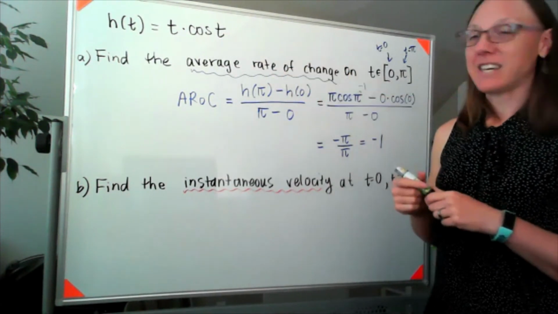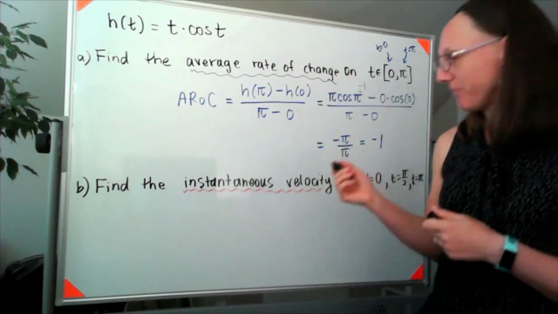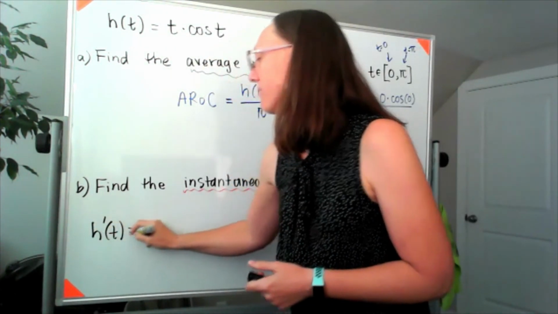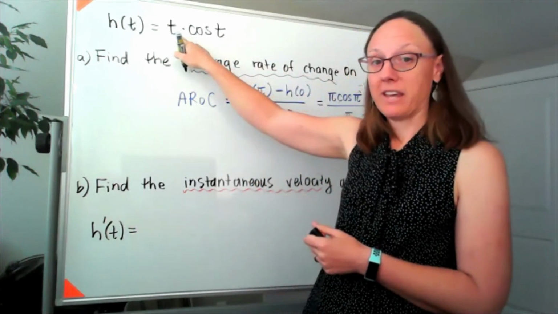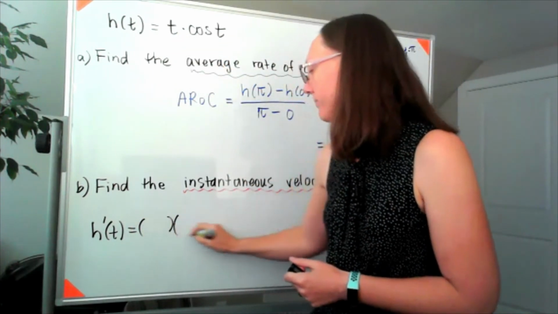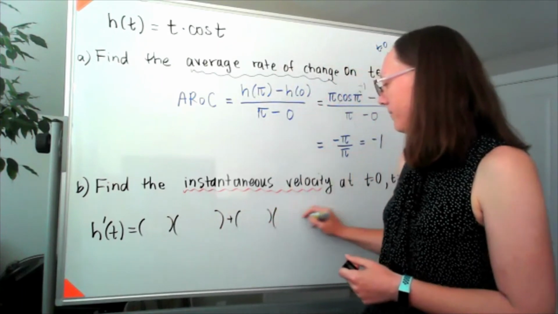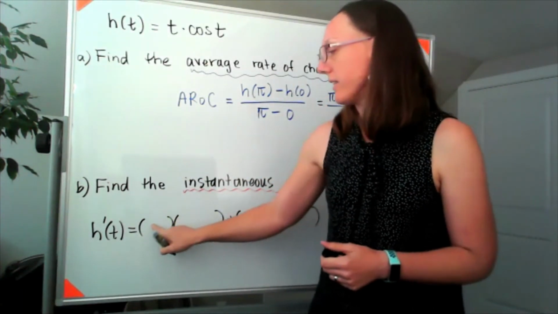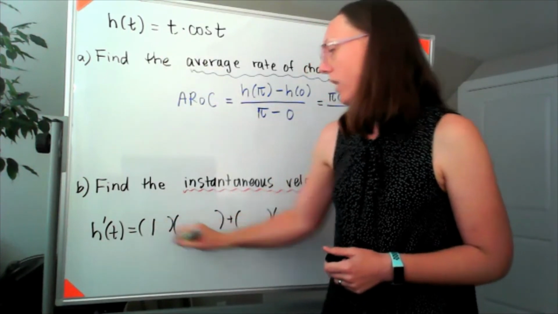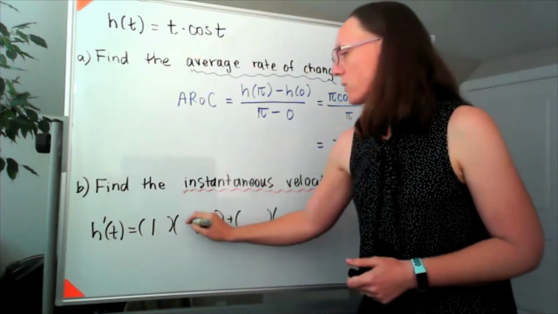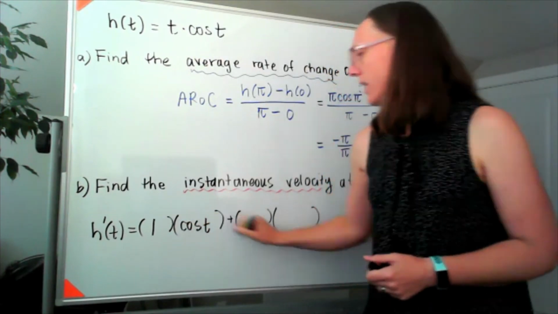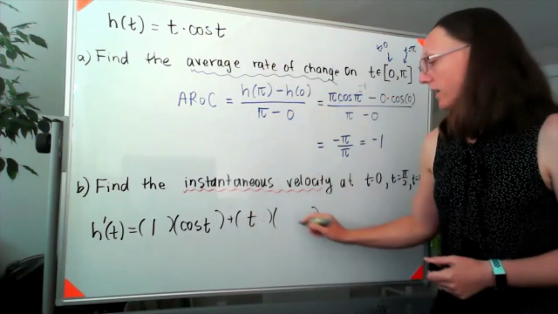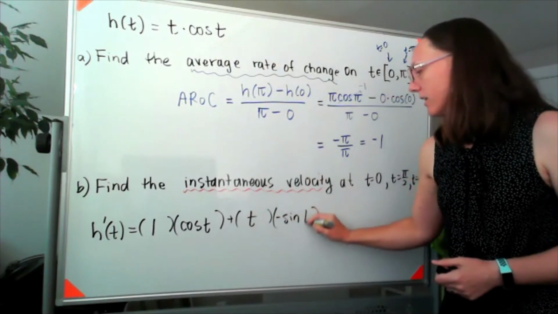So my h of t is t times cosine of t, and this is asking me to find h prime of t. I've got multiplication, so I know I need a product rule. And we've had some practice, so I'm just going to go for it. I need the derivative of t, which is 1, times we leave the cosine alone. Then I leave the t alone, and I need the derivative of cosine, which is negative sine of t.